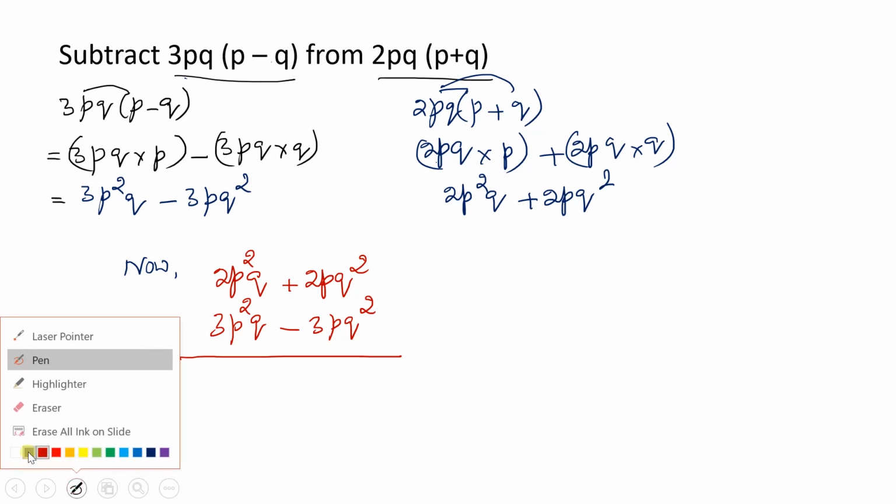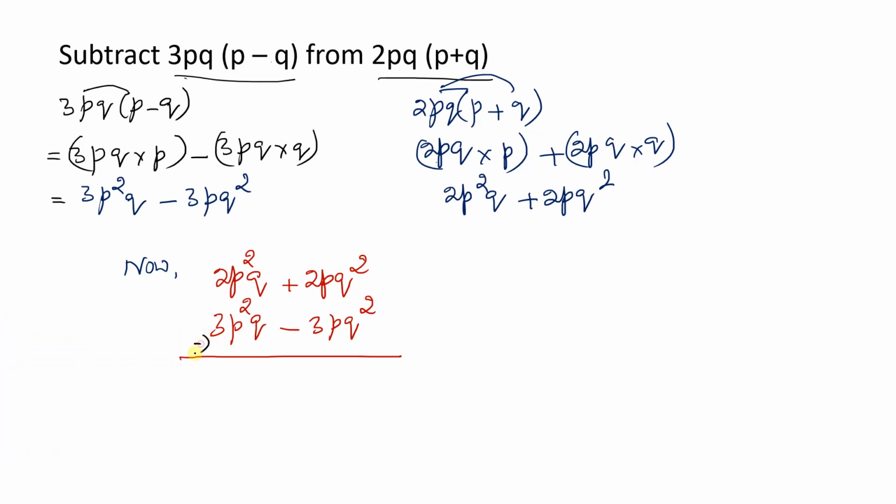Now what you need to do is change the sign of each term of the subtrahend. So minus becomes plus and plus becomes minus. Plus 2p square q minus 3p square q is minus p square q. Difference of 3 and 2 is 1. And we are adding a positive, both are positive here. 2pq square plus 3pq square is plus 5pq square.